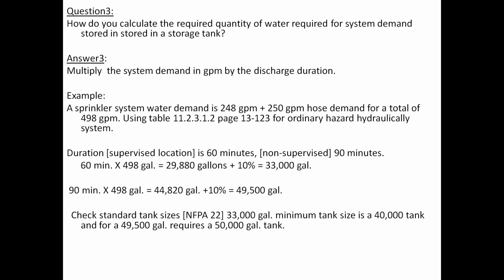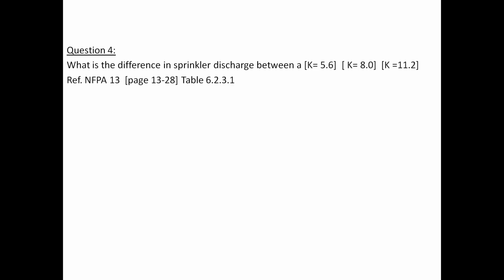Question number 3. How do you calculate the required quantity of water required for system demand stored in a storage tank? The answer to question number 3 is you multiply the system demand in gallons per minute by the discharge duration.